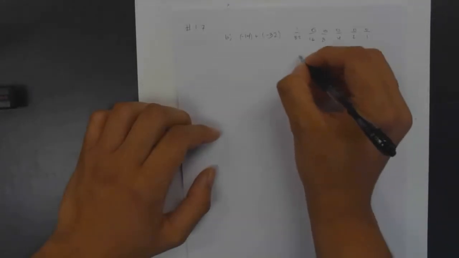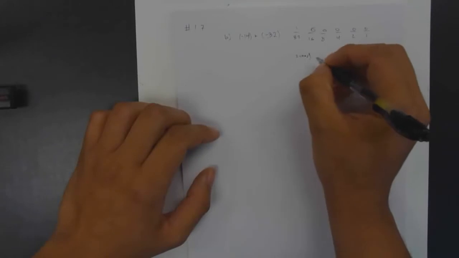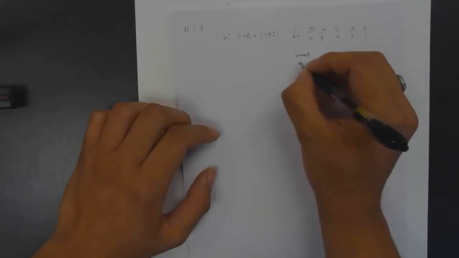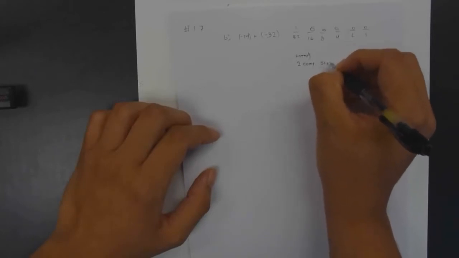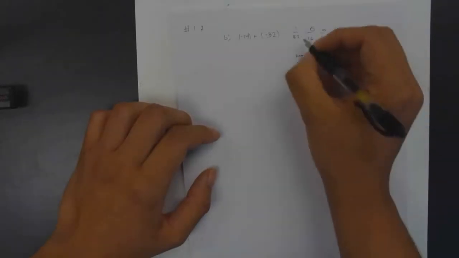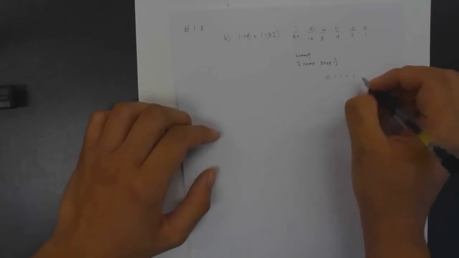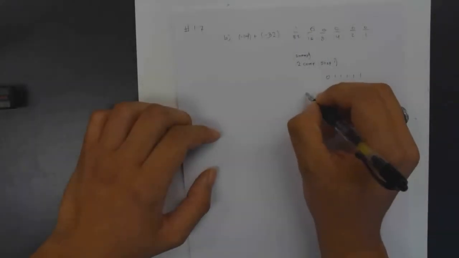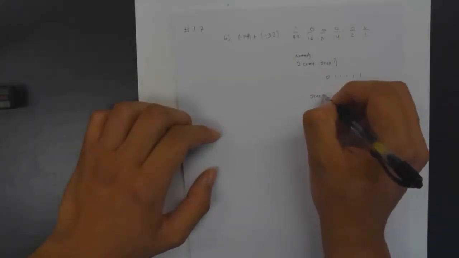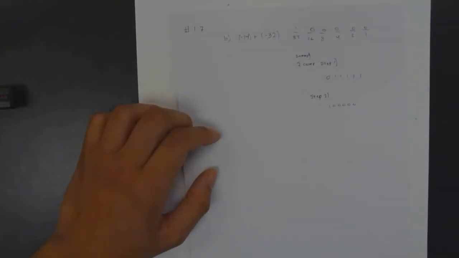So first step in 2's complement, step 1, invert all these bits, so you get 0, 1, 1, 1, right? And then add 1. Easy enough, right?